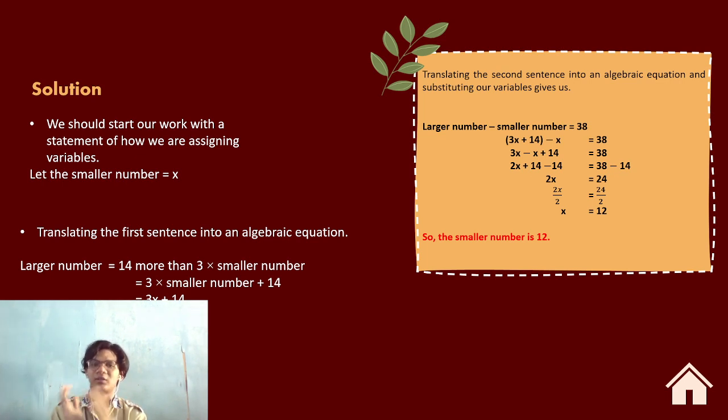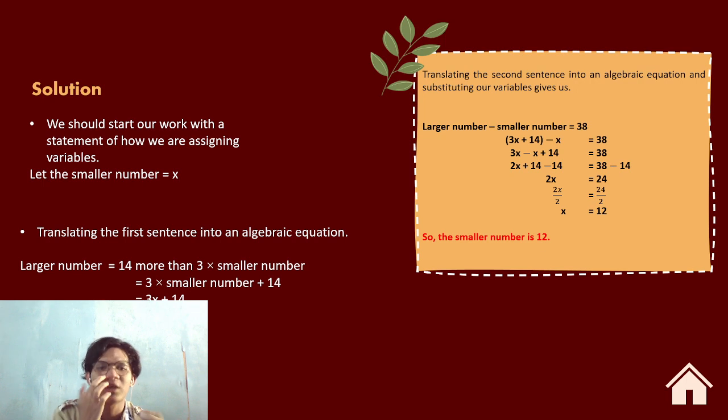Then we translate the second sentence into an algebraic equation and, substituting our variables, we get larger number minus smaller number is equal to 38. The larger number is 3x plus 14, minus the smaller number x, is equal to 38.